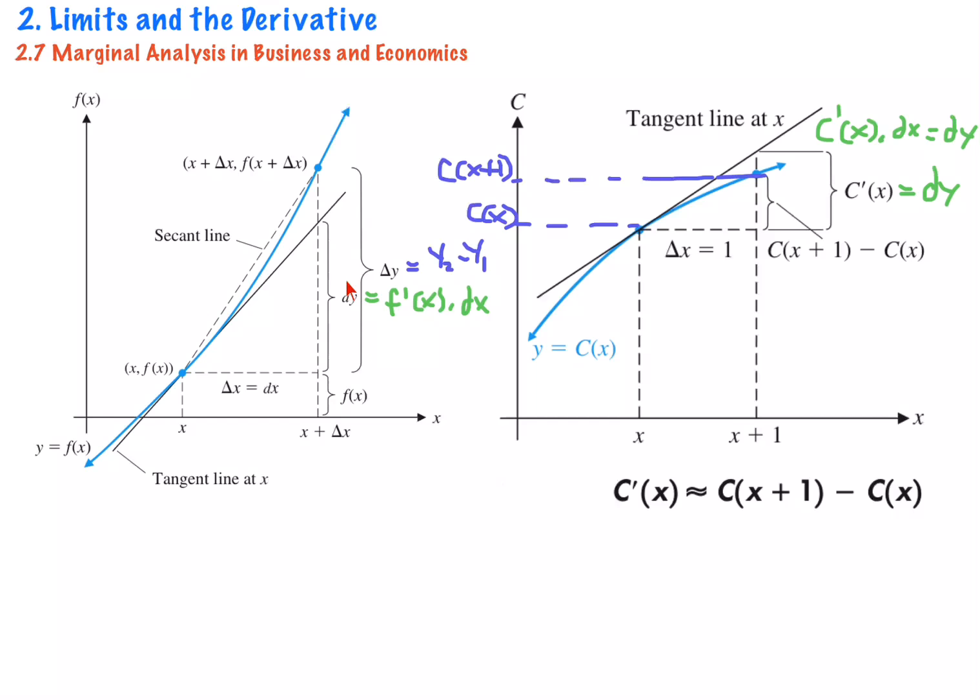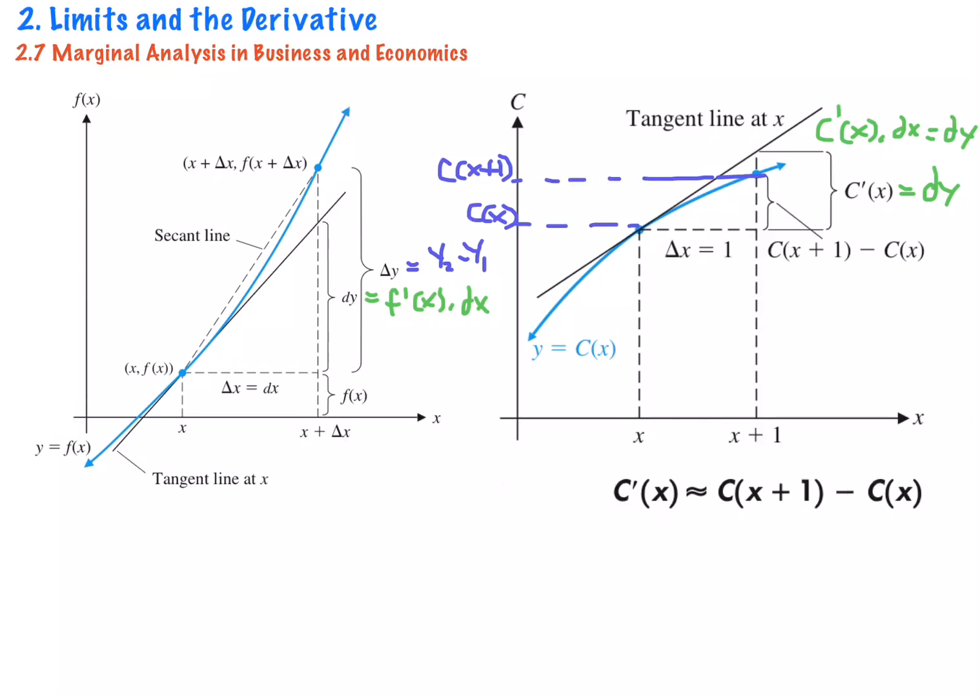So that's why we can say that the differential is c prime of x. If you understand the increment and the differential from the previous sections, then it will help us to understand the next chapter, which is marginal analysis. This is one of the important applications of calculus to business and economics. In economics, the word marginal refers to the rate of change, that is, the derivative.